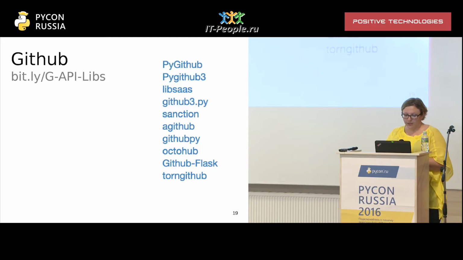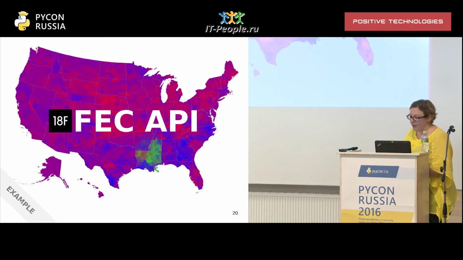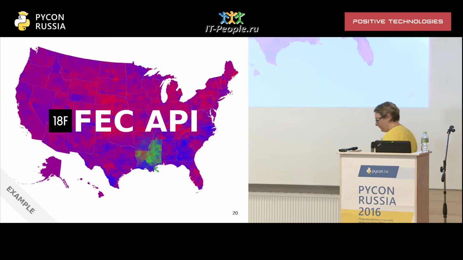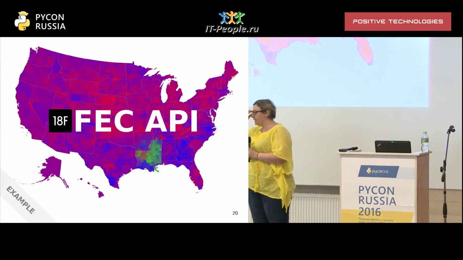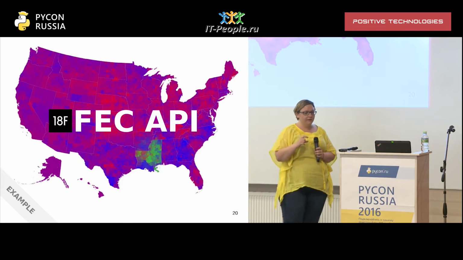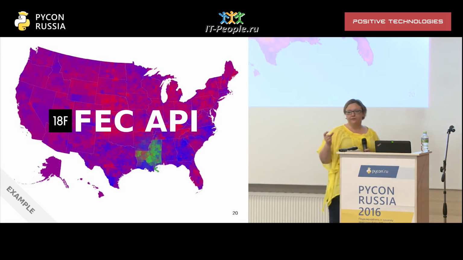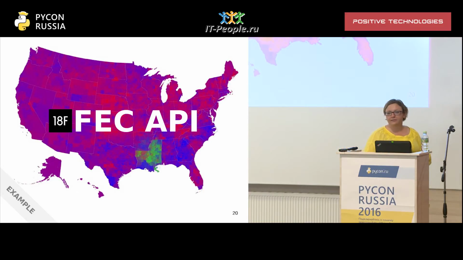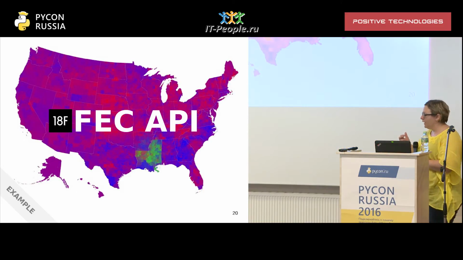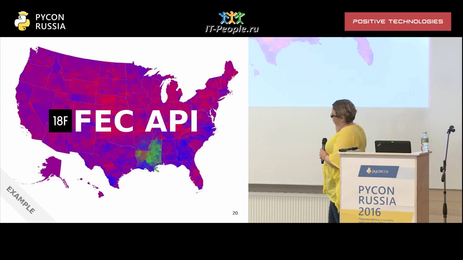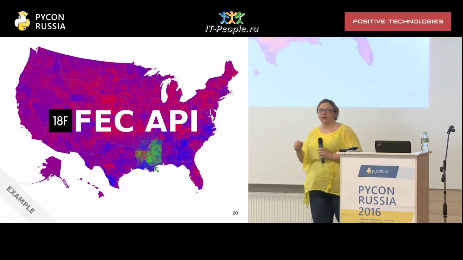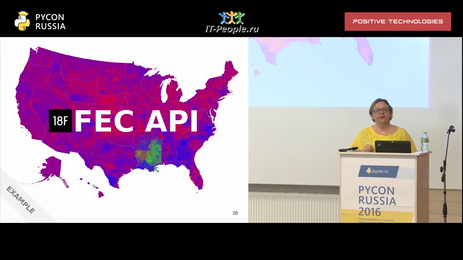So a good example actually came out of one of my former employers. And it's very simple. My former employer is 18F. It is a digital consultancy inside the US government to help build capacity inside the US government. And the example I'm about to present is called the FEC API, and FEC stands for the Federal Election Commission.